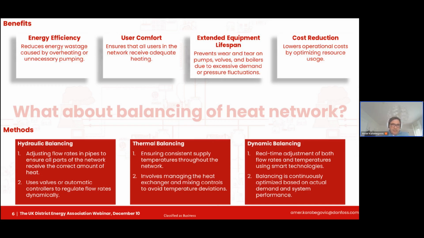Thermal balancing is ensuring consistent supply temperature through the network. Here we're talking about utilizing and managing heat exchangers and mixing controls to avoid temperature deviations. And in the end, combining hydraulic and thermal balancing, we come to dynamic balancing. It is about real-time adjustment of both flow rates and temperatures using smart and advanced technologies.